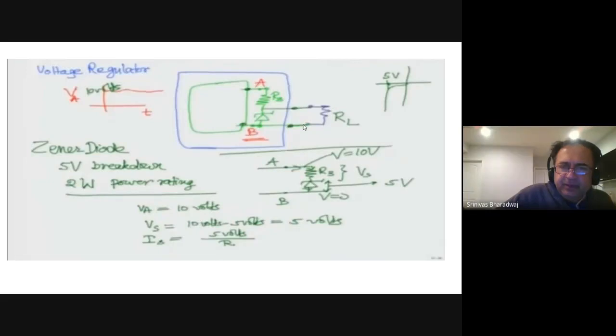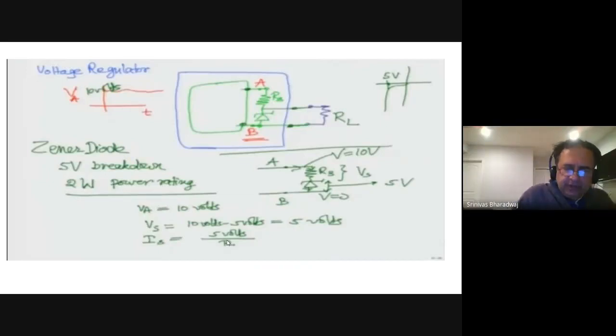The IB will be, the VS in this case, is equal to 10 minus 5 volts, so 5 volts, and then the IB is 5 volts divided by R. Because of that, that sets a bar to the current.